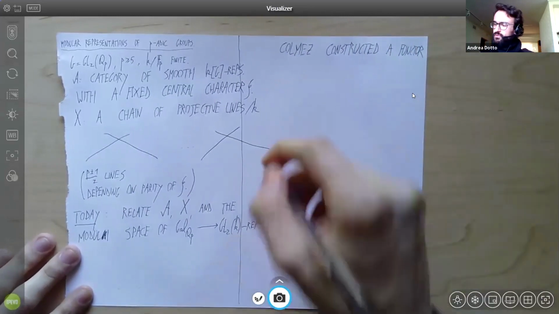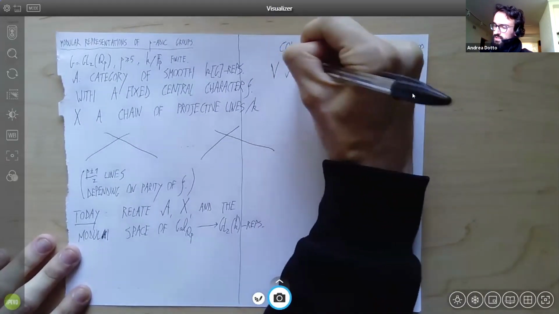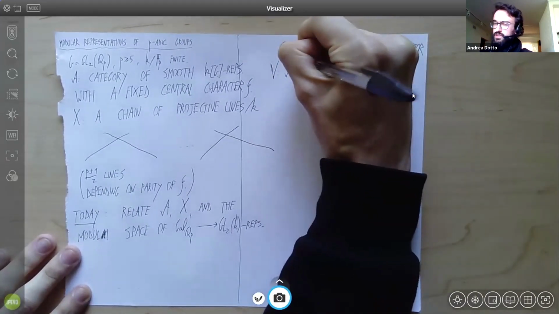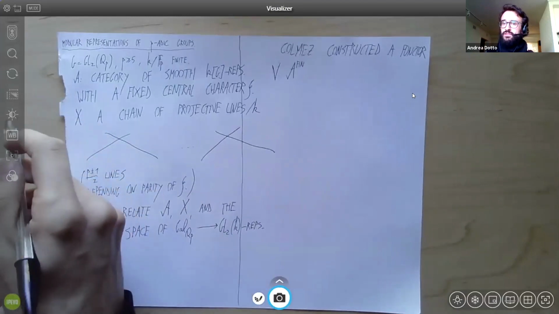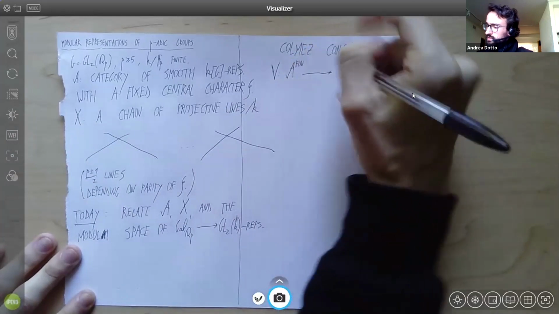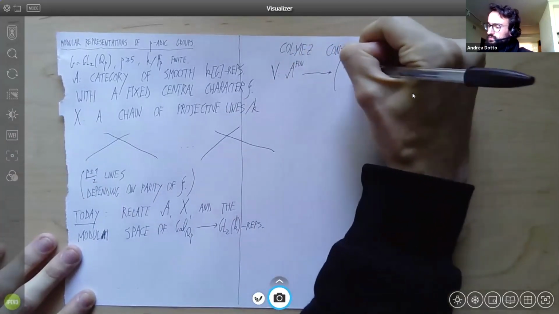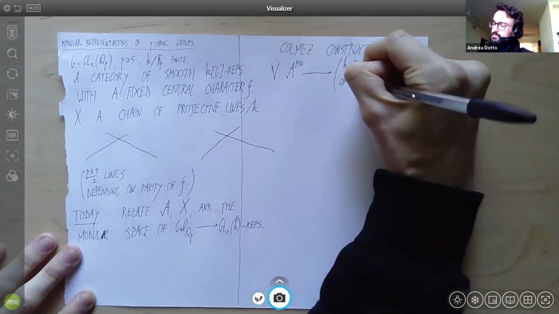This functor is usually called V. It goes from a subcategory of my category A, which I'm going to call A thin. This is just the full subcategory on objects of finite length in here. It goes into the category of k representations of Gal(Qp).